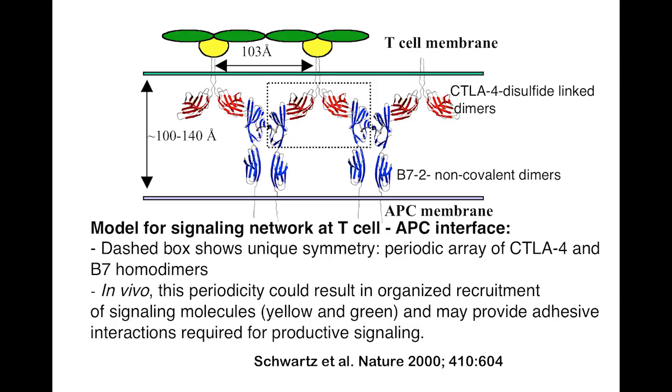And it turns out that the CTLA-4 molecules can bend, and so they're able to bind two different B7 molecules. And this leads to a very stable structure that's been referred to as a molecular zipper. Very few molecules do this. And so you can imagine here that there are signaling molecules that could align and lead to recruitment of signaling molecules and lead to this very stable structure.